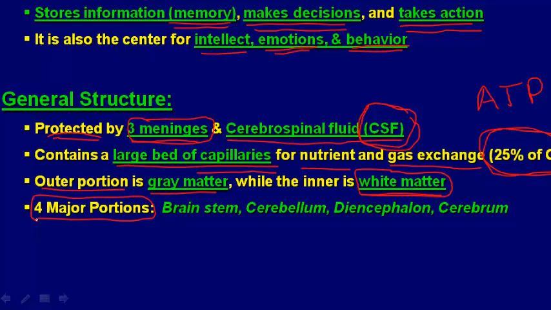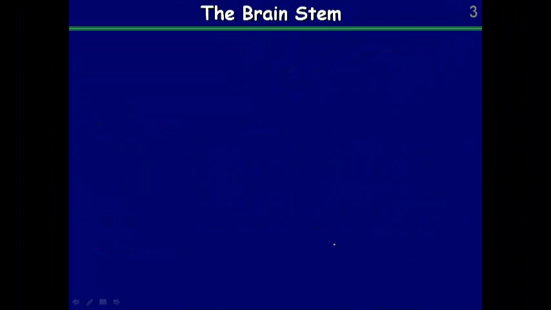The general regions include the brain stem, which is almost like a continuation of the spinal cord, the cerebellum, which has a number of functions dedicated to it, the diencephalon, which is basically in the center of the brain, and then the cerebrum, which is the majority of the brain that surrounds a lot of the diencephalon. So these are the regions of the brain we're going to cover in the upcoming lectures.